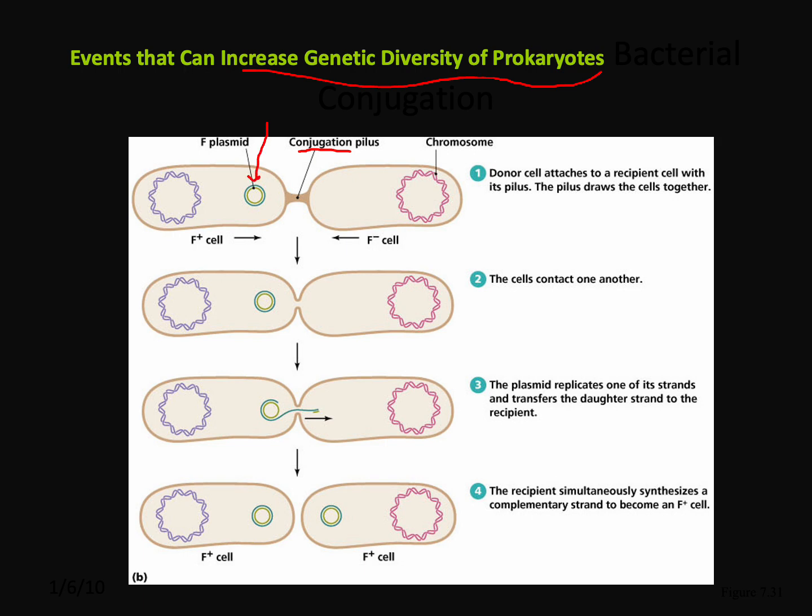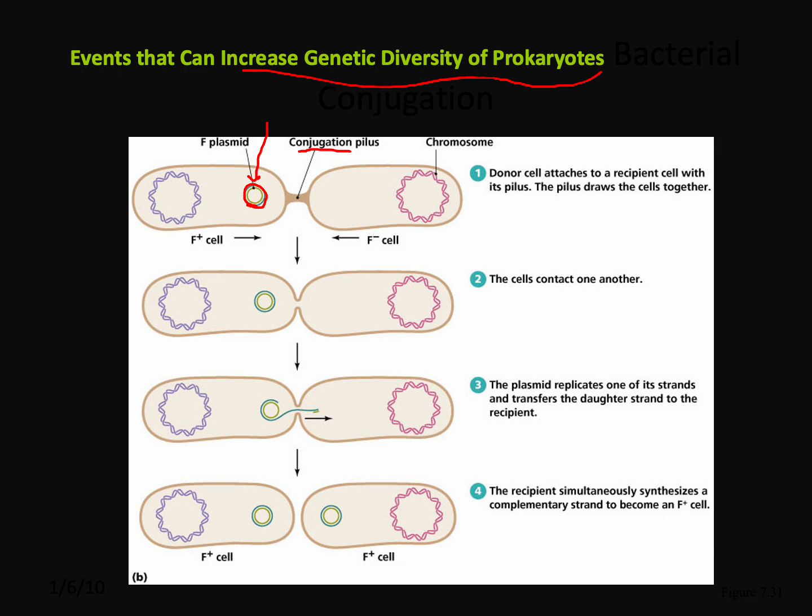And remember, a plasmid is a circular small piece of extra genetic material, so it's also made of DNA, and most of the time it's going to exist outside of the chromosome or the main genome of the organism. The plasmid can integrate into the genome, but oftentimes it just exists outside of that genome in the cytoplasm.